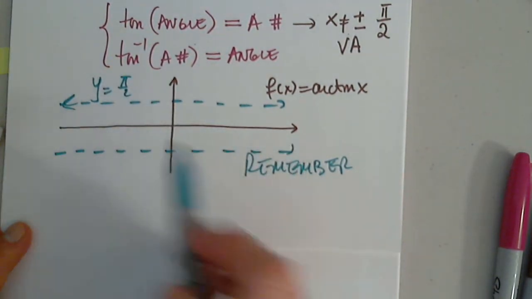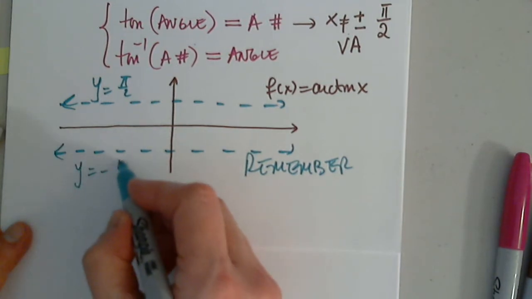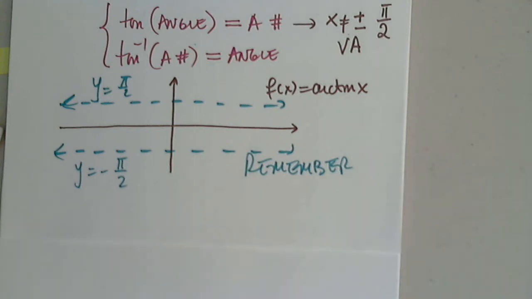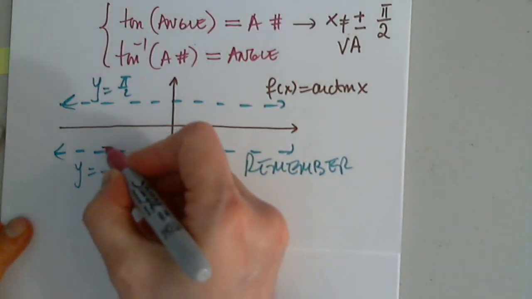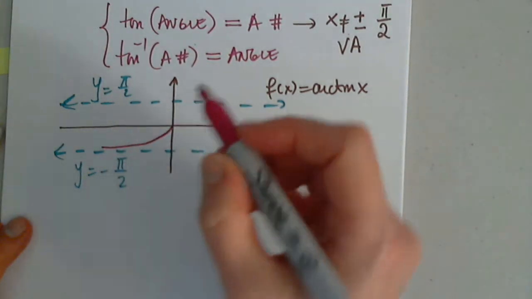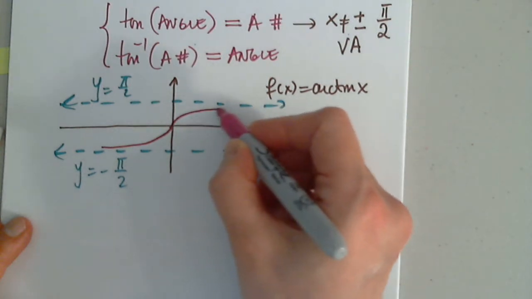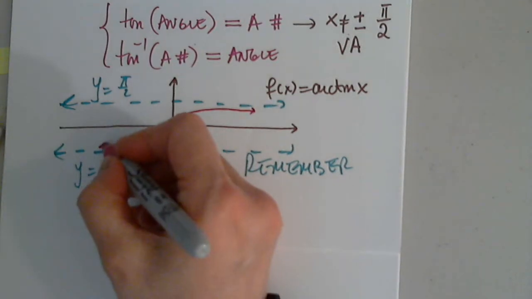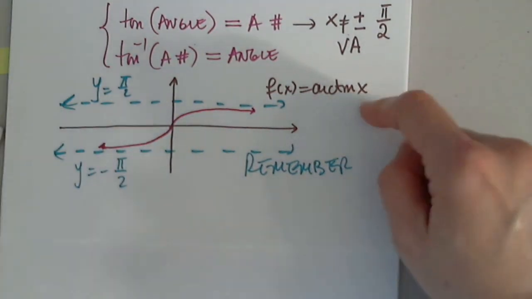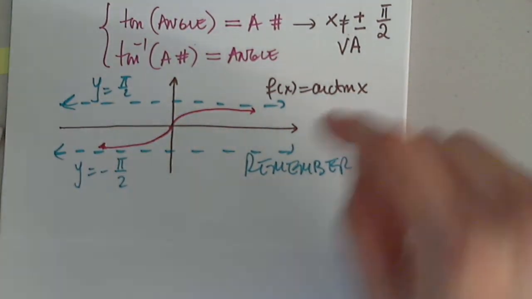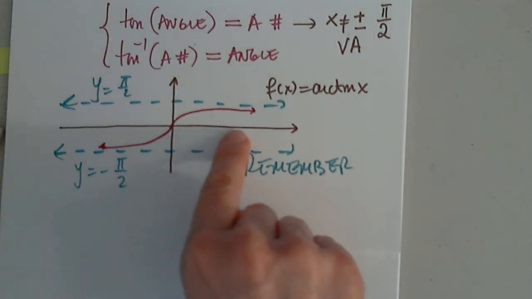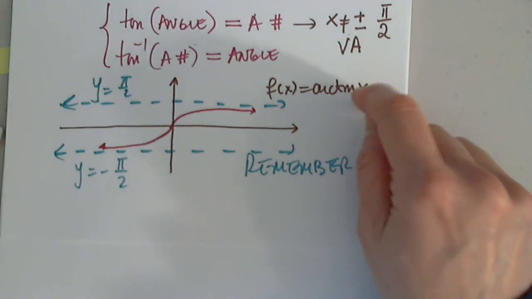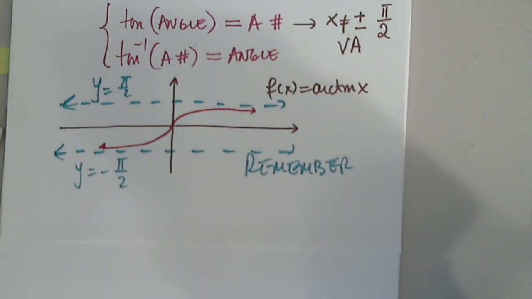Down here, y equals negative pi over 2. And here comes the graph. This is the graph of arctangent x.